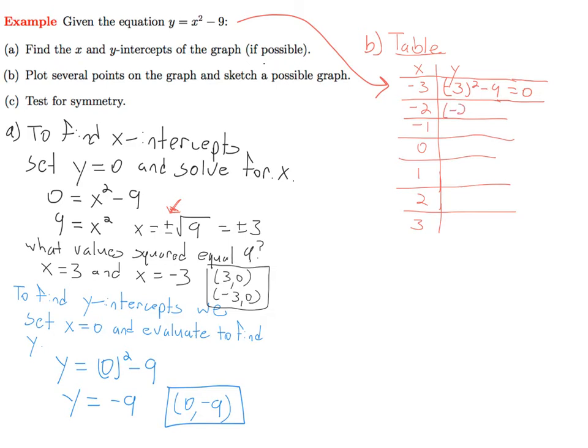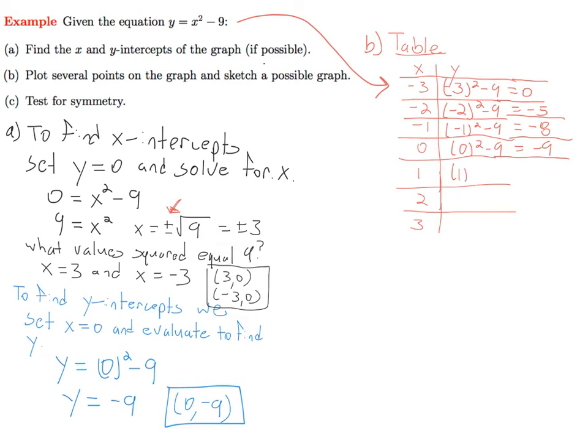When x is minus 2, I get minus 2 squared, which is 4 minus 9. That gives me a y value of minus 5. When x is minus 1, I get 1 minus 9, which is minus 8. When x is 0, I get minus 9.